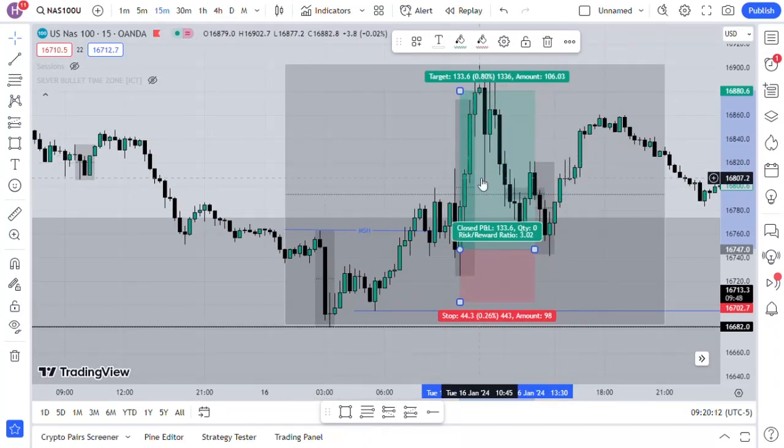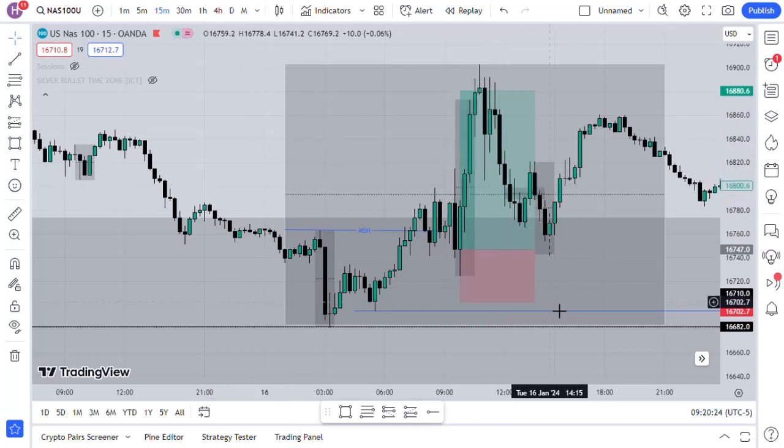As you can see, it was a very nice 1-2-3 trade, where you could have risked $443 to get 1,336 USD.